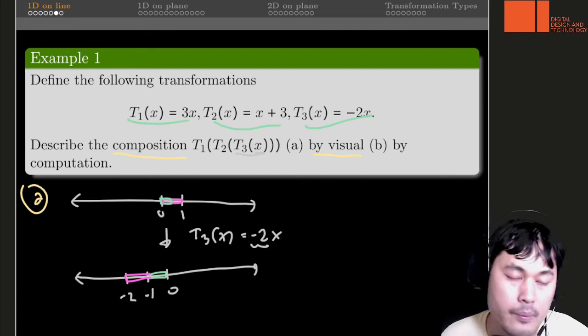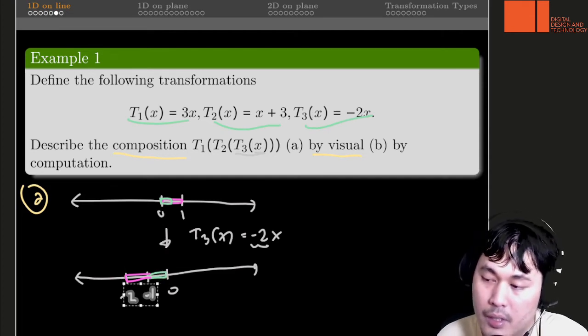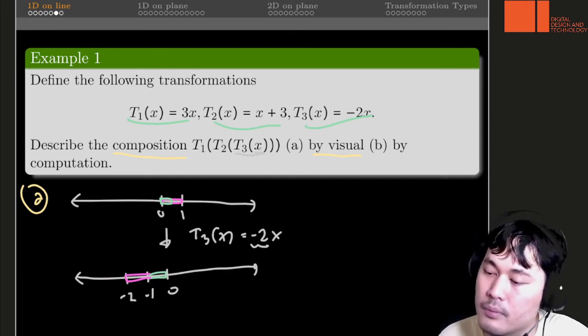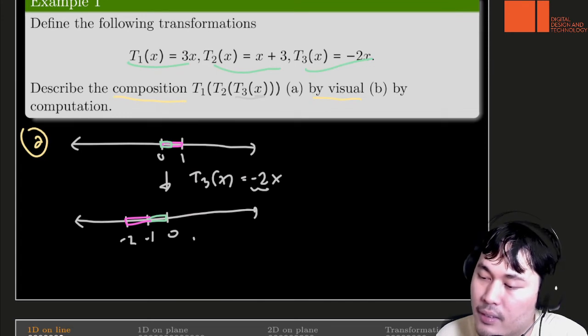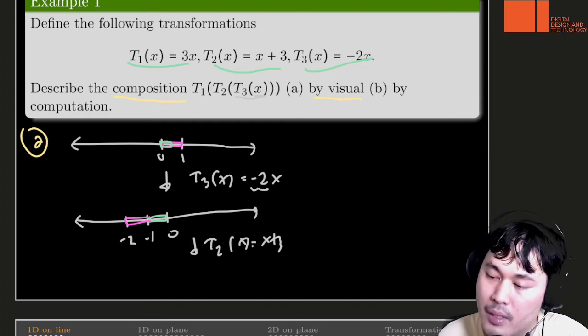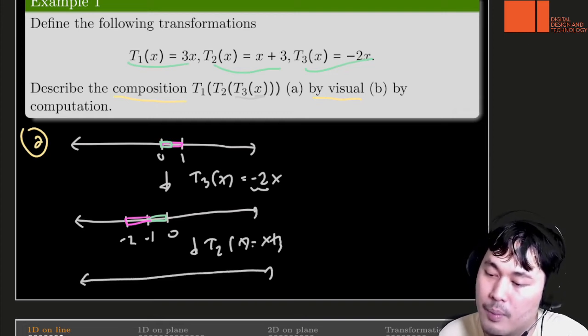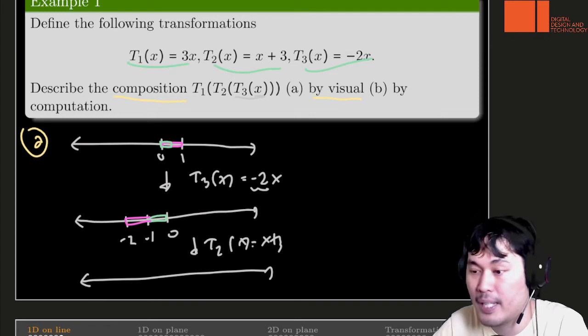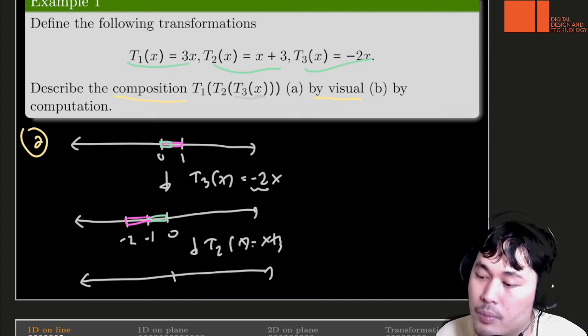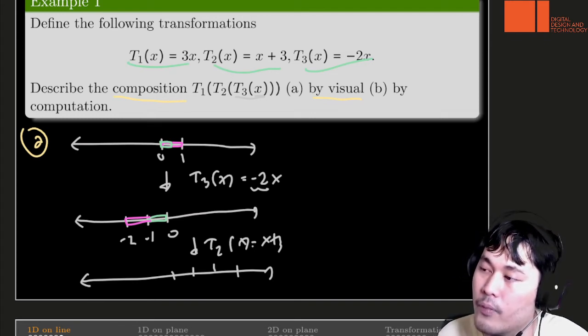We reverse it. The result is this line. Right, and then you can guess how we could continue. X plus 3. So from this one, if you move it 3 steps to the right, because it is plus, then the result should be 1, 2, 3. You move.